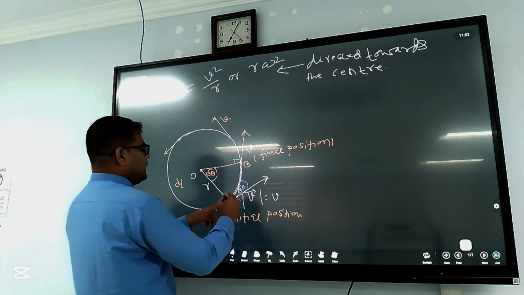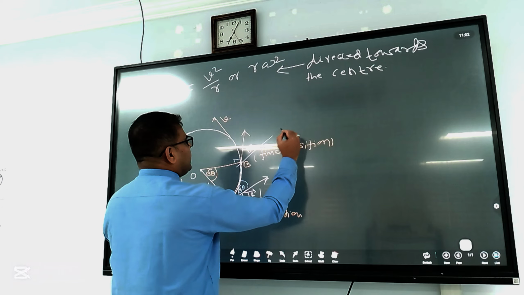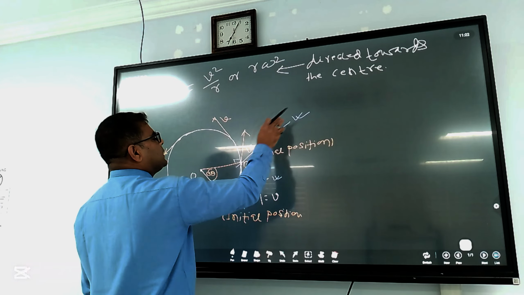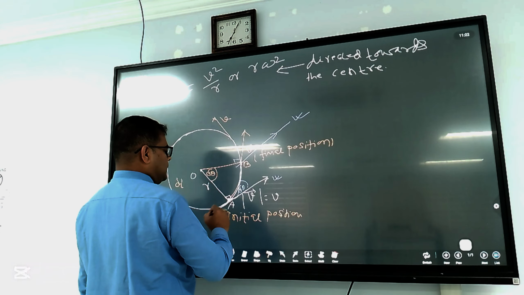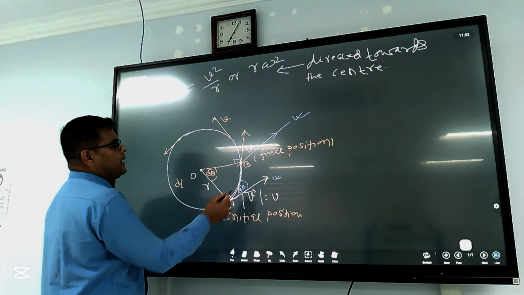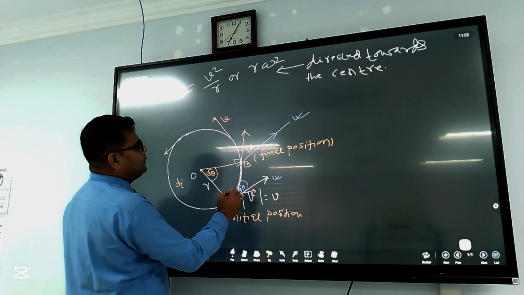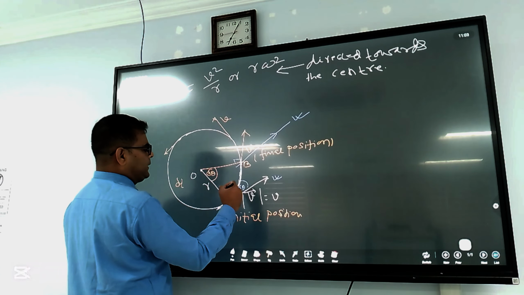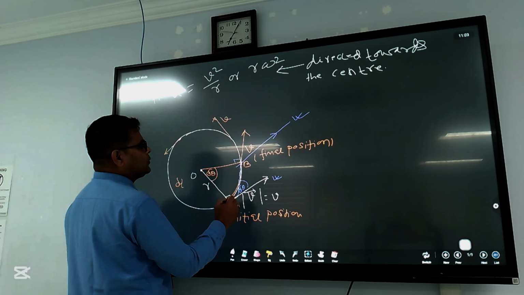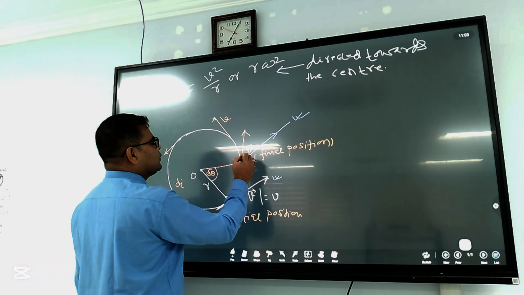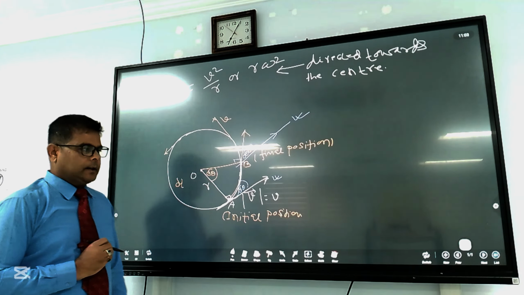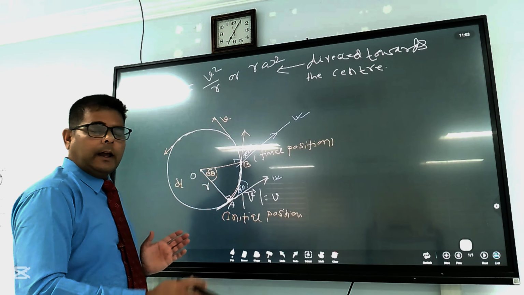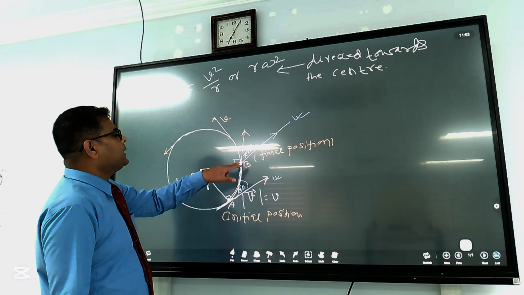I am taking this line with reference to the line through A. Because these two lines are parallel, and between these two we are considering the angle between the two vectors at A and at B, and this is also a straight line, this is angle del theta, and this is also going to be angle del theta. Now let's consider the horizontal and vertical components of velocity at this position.